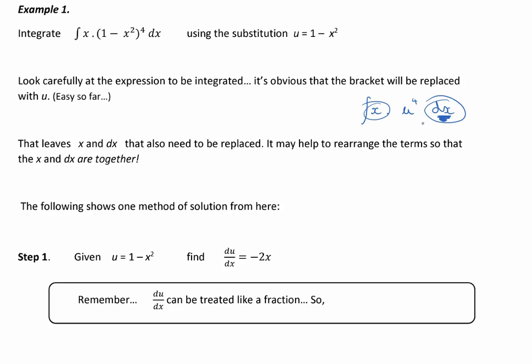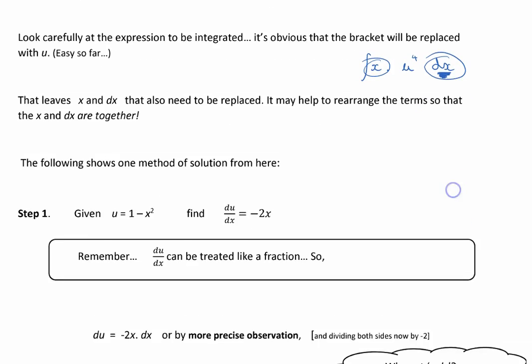Okay, so that becomes the problem. We've got to find something to put instead of x and dx, and that's what we have to work at before we can even set our integral up in terms of u. So by far the majority of the work is in getting the integral from in terms of x to in terms of totally all u.